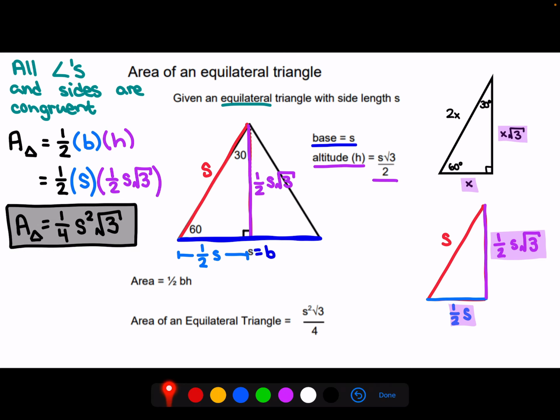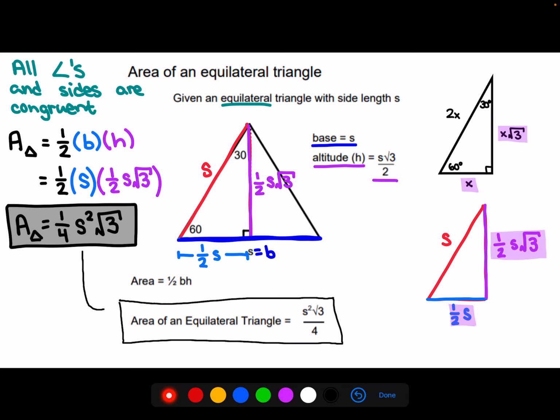That is the area of any equilateral triangle. And again, that's the same exact formula as the one right down here. Area is equal to s squared rad 3 over 4. Again, these two are the exact same thing. So make sure that you have that squared up or somewhere on your notes where you can easily find it and use that formula down the road.